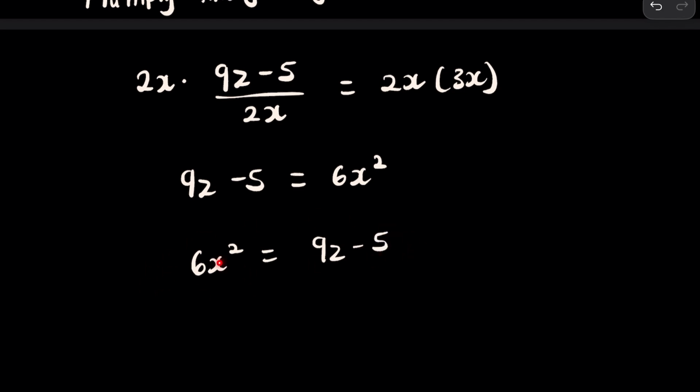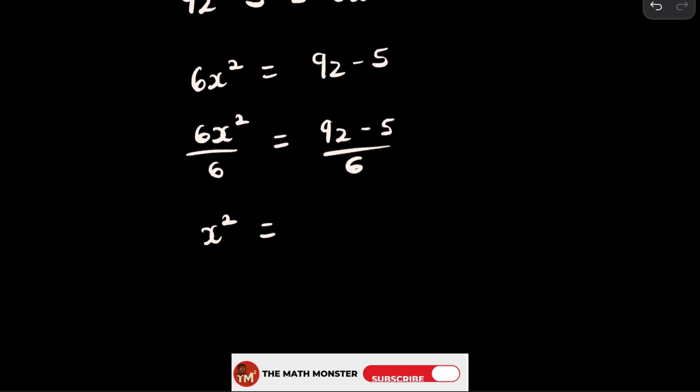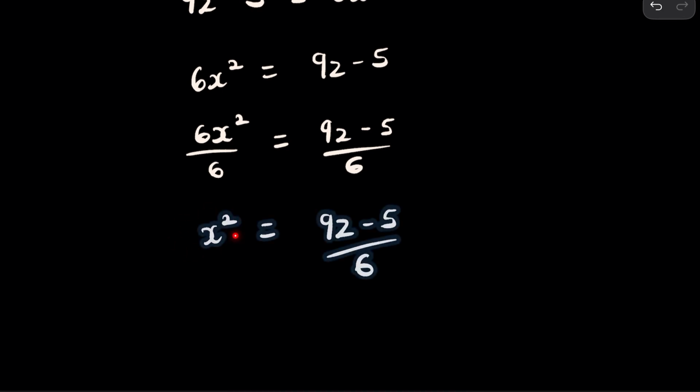Here, our main focus is to find x, right? So we must first divide through by 6. So we are going to have 6x squared divided by 6 is equal to (9z - 5) divided by 6. Thus, we have x squared = (9z - 5) divided by 6. We were being asked to find x, not x squared, right?